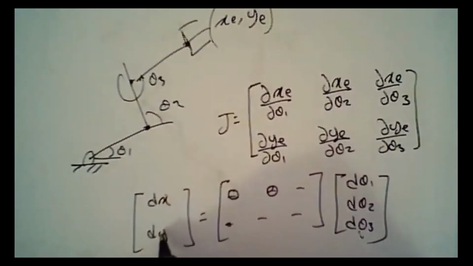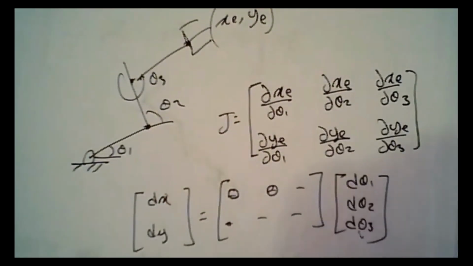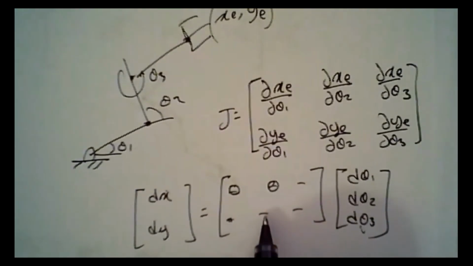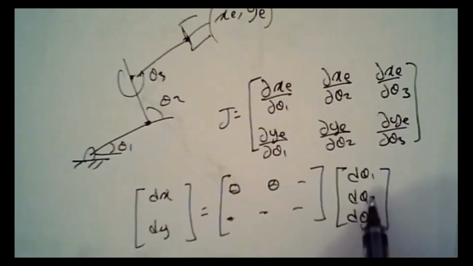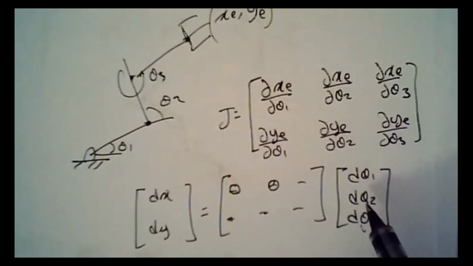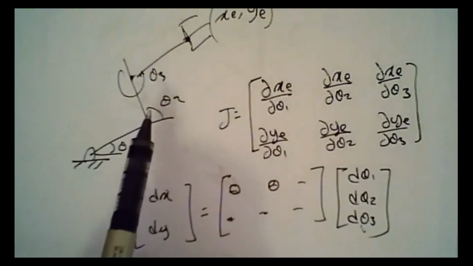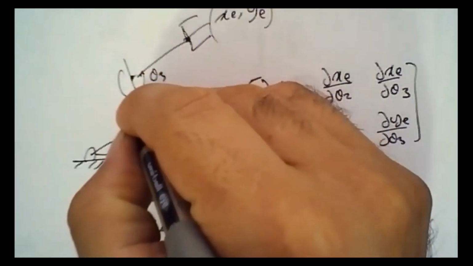At this particular pose, how will dy move if d theta 1 has moved by a bit, right? And this guy will tell me how dy will move if I'm only varying theta 2. You can think of it as tuning this joint, and you are letting theta 2 increase by a very small amount.